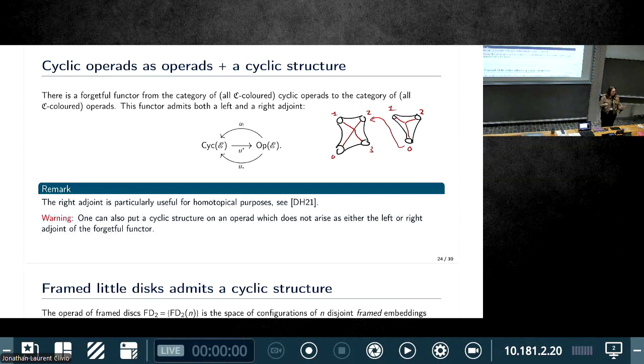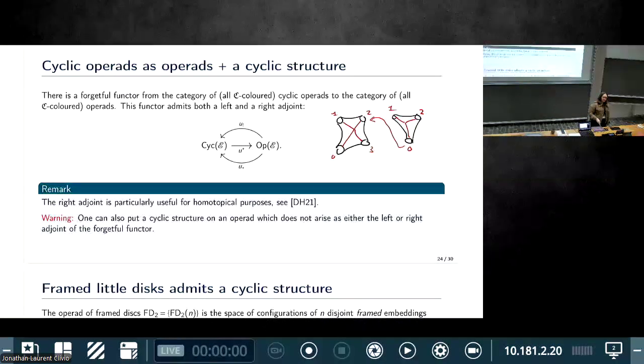Now, how do you actually write it down? That's the trick. And let's say I started with this operad and you wanted to build the cyclic operad. Well, you can try a bunch of things. And if you're like me, none of them will work. So you can look at the left and right adjoints of the forgetful functor from cyclic operads to operads.